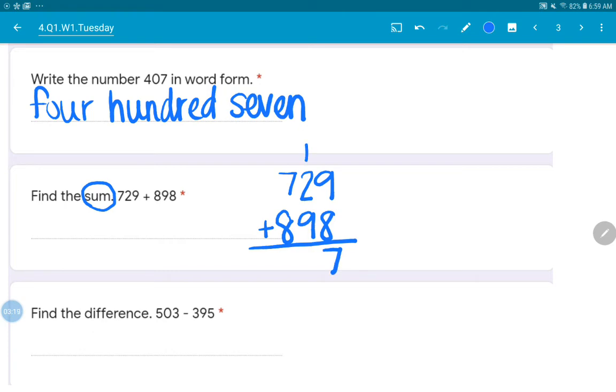Regroup the tens. I know that this 1 and 9 together make 10, plus 2 more is 12. So I'm going to write down my 2 and regroup the 1. 7 plus 8 is 15, plus 1 is 16. So my answer is 1,627.